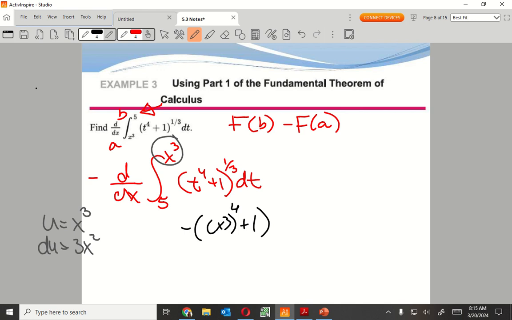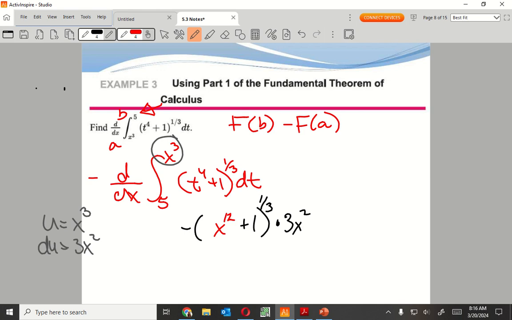What does that mean I do? Are you multiplying it? Yes, multiply. Power to power, I multiply. So hopefully that makes it a little bit easier because my penmanship is horrible. So power to power, that's going to be x to the 12 plus 1, to the 1/3, times 3x squared, my du.